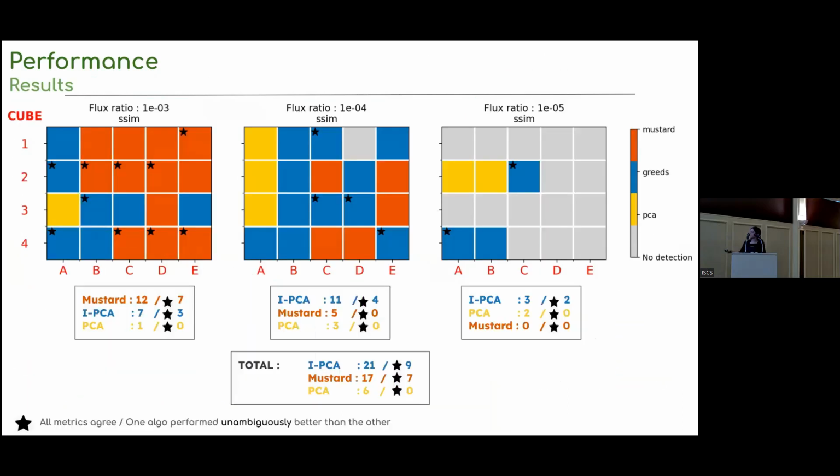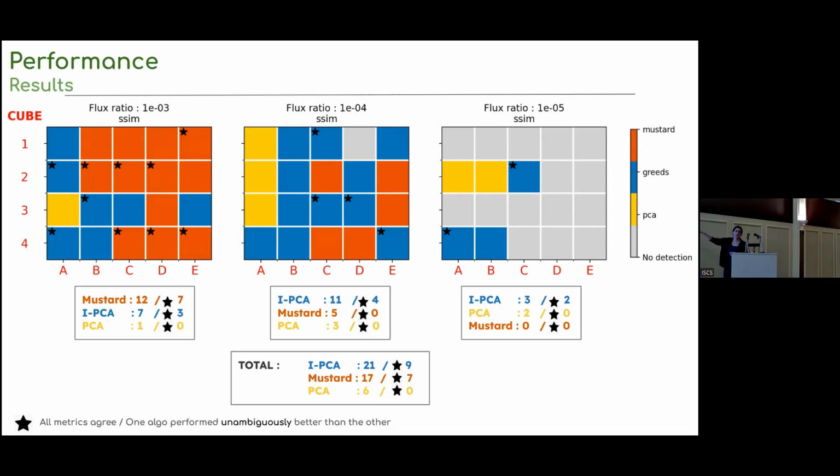I also add little black stars, which mark the samples where an algorithm performs unambiguously best. So we make the synthesis and try to understand what's going on.